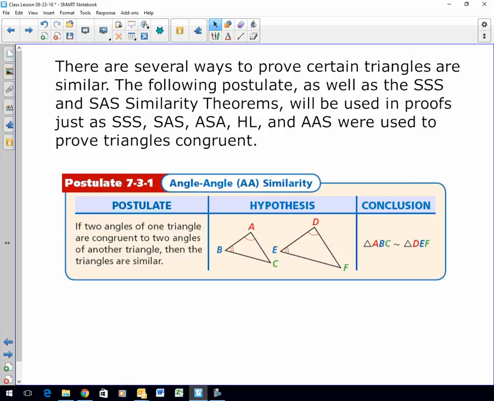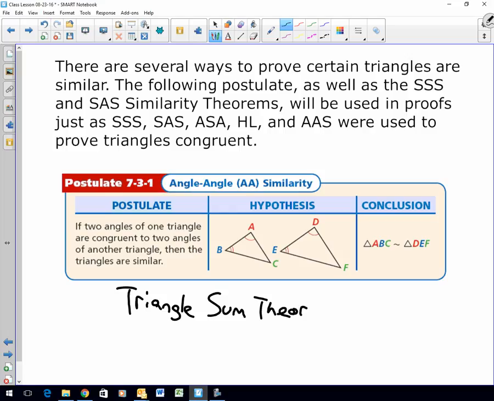It's called the triangle sum theorem. Here is the triangle sum theorem.